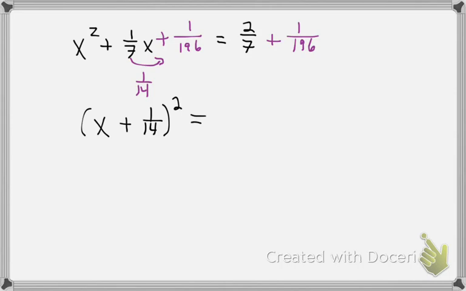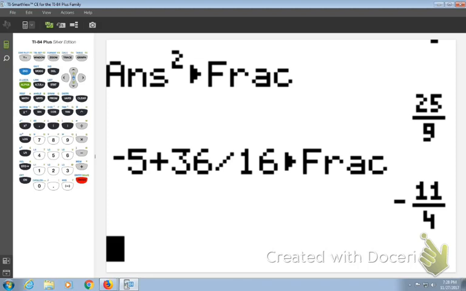So we got x plus 1/14 squared. What's it going to be on the other side? It's too late to do that. Calculator, yeah. That's under the Life's Too Short banner.